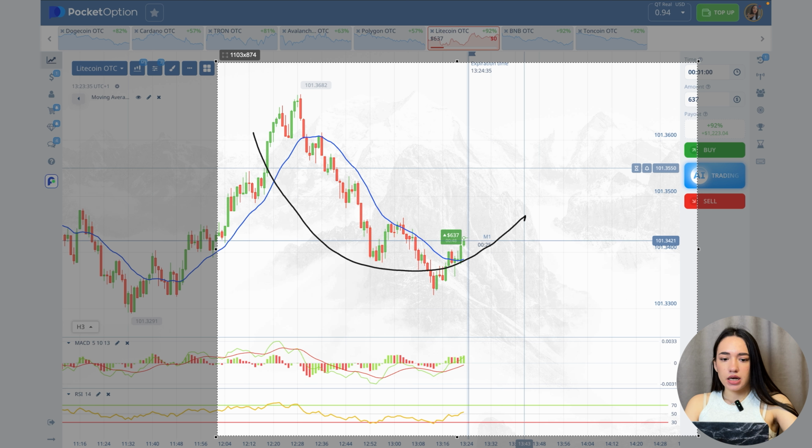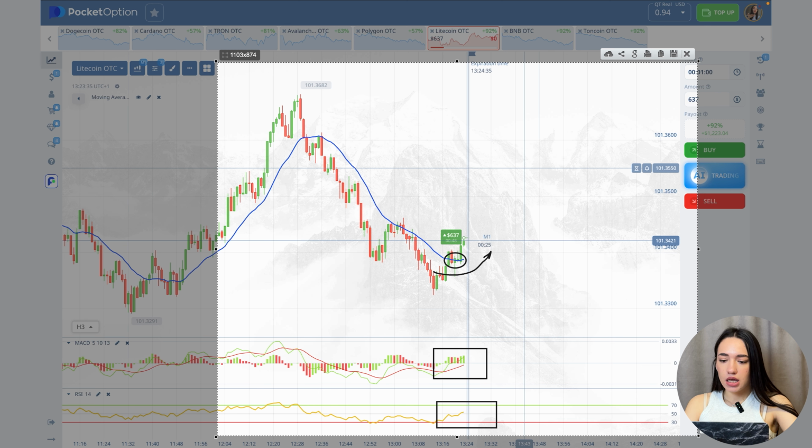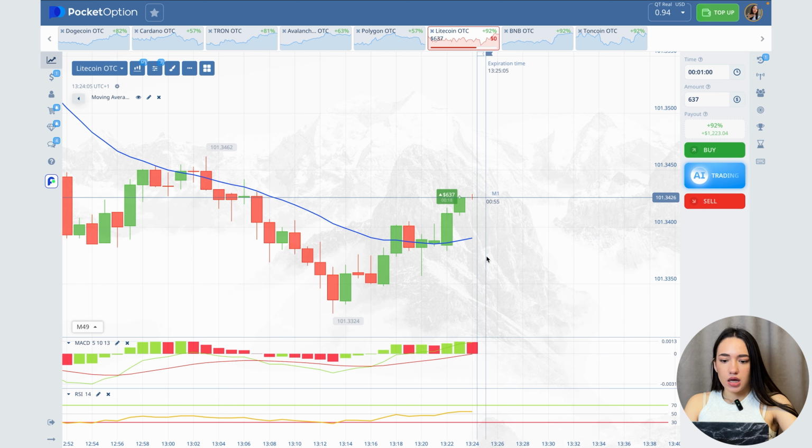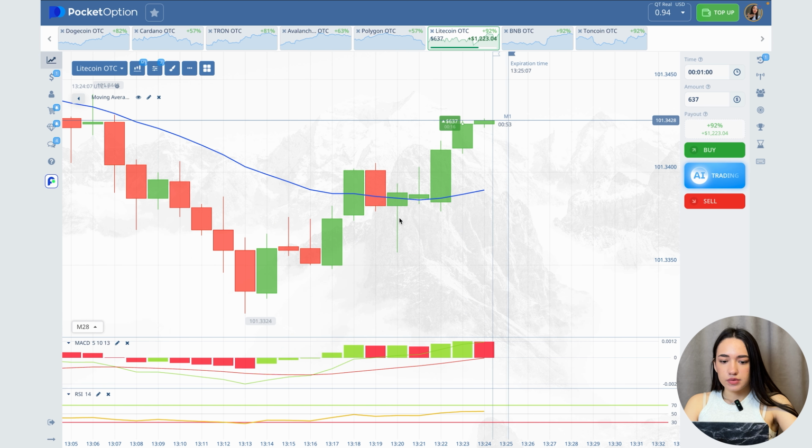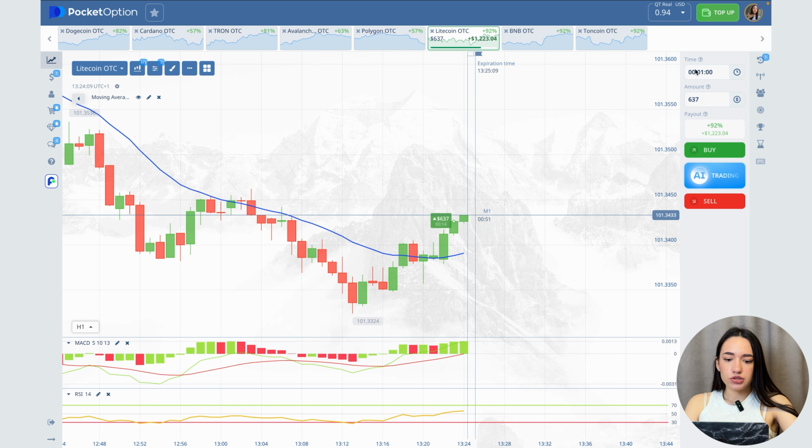And we had a bullish moving average crossover from below, and both oscillators show upward momentum, MACD volume rising and moving averages crossing upwards, and RSI pointing up as well. So yeah, this is a clear entry for a buy.